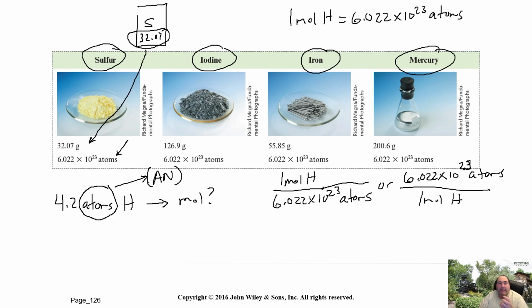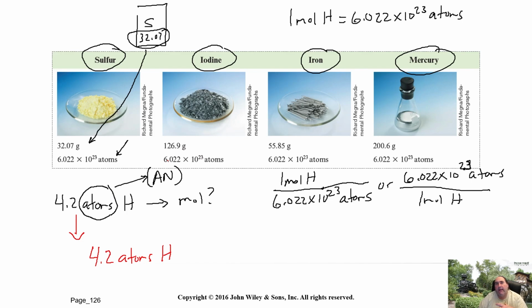So how would we set this up? We really would just set this up like a dimensional analysis problem where we use conversion factors. We see the units canceling as we talked about in the previous chapter. We would start with 4.2 atoms of hydrogen.